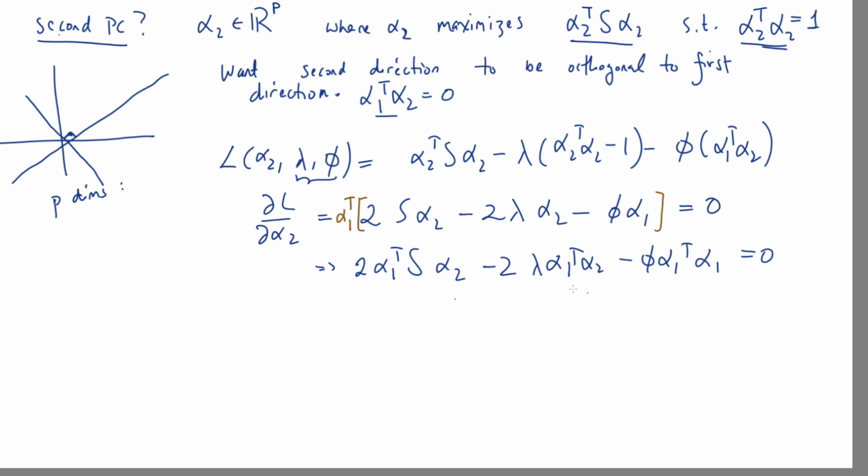Okay, now we have to slightly rearrange. What is alpha 1 transpose S? Well, we can actually rewrite this guy as 2 alpha 2 transpose S alpha 1 minus 2 lambda alpha 1 transpose alpha 2.